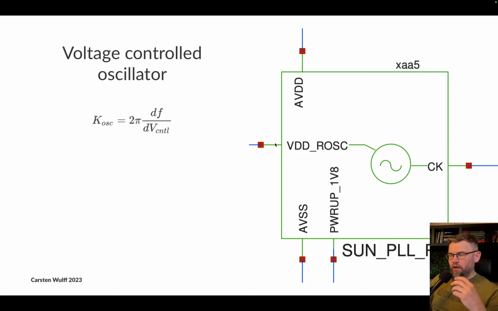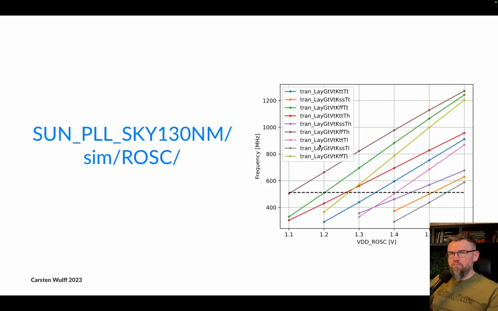Now, I'm going to show you the ring oscillator later, but for now, just have a mental image of a ring oscillator with the VDD of the inverters being controlled directly by this VDD ROSC. In that case, it shouldn't surprise you too much that when we simulate across corners and across temperature, this KVCO changes a lot.